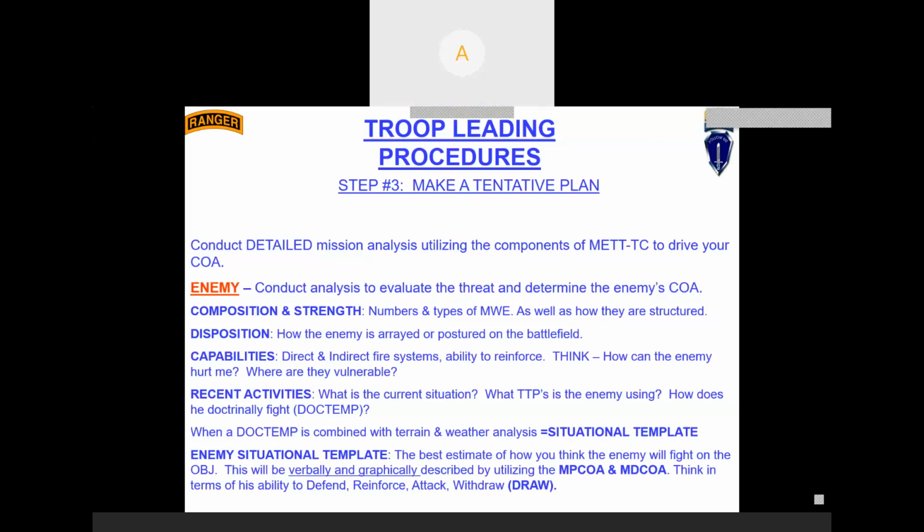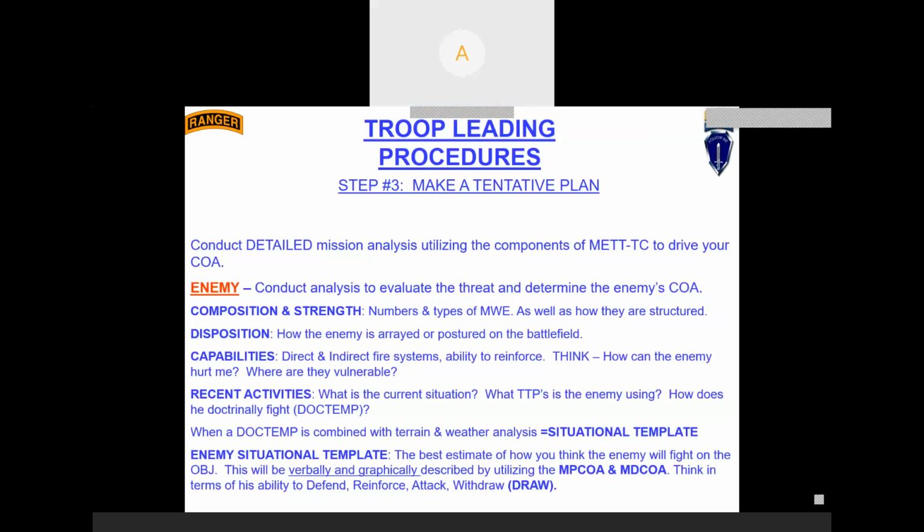Master Sergeant, is disposition like saying they've been taught to hate Americans since the day they were born? They are very aggressive. So, disposition is where they are at. Where do we think they are on the battlefield? Where have they been traveling? Are they at squad level, team level? Do they move around in two-man teams or platoon-sized elements?